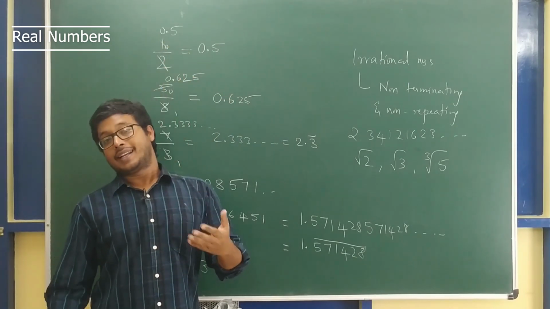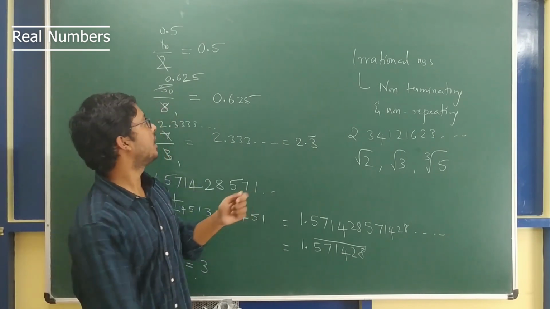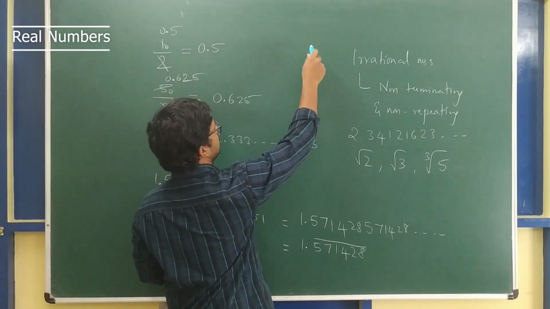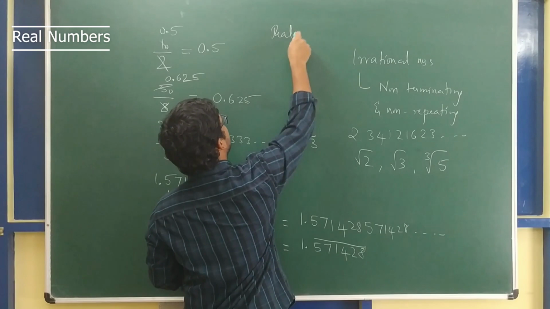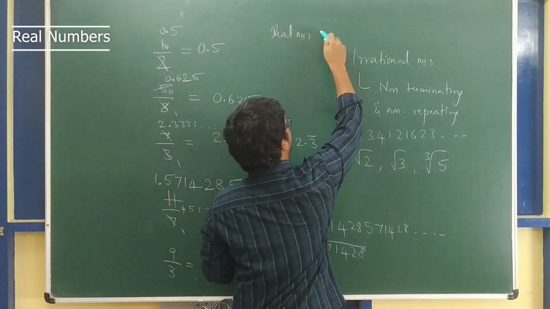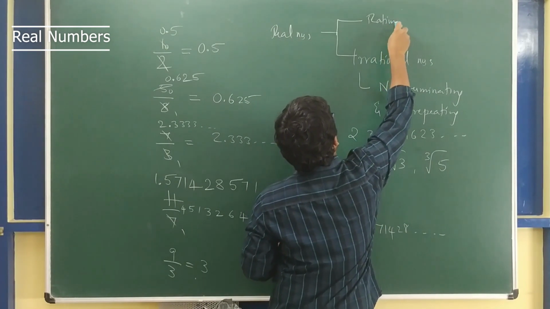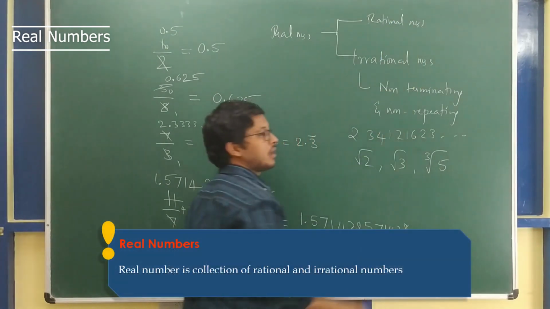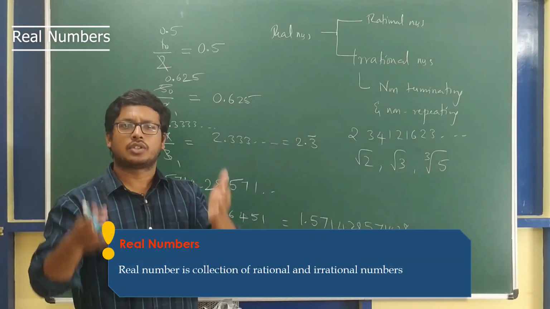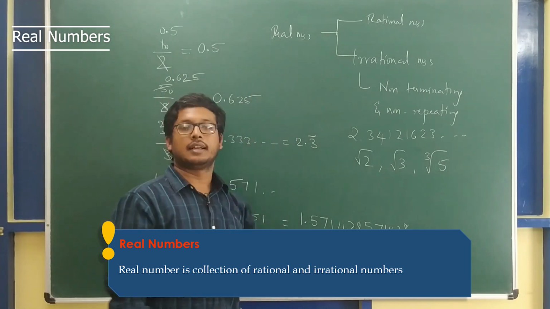Now, what are real numbers? Real numbers are the collection of both rational numbers and irrational numbers. So rational numbers and irrational numbers together make real numbers.